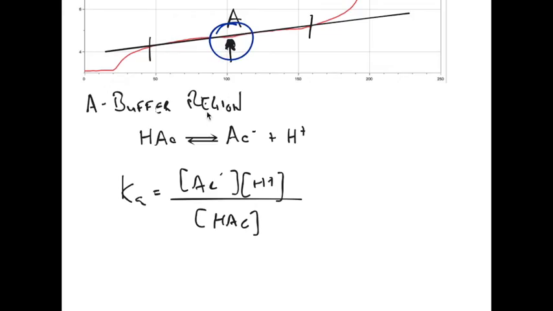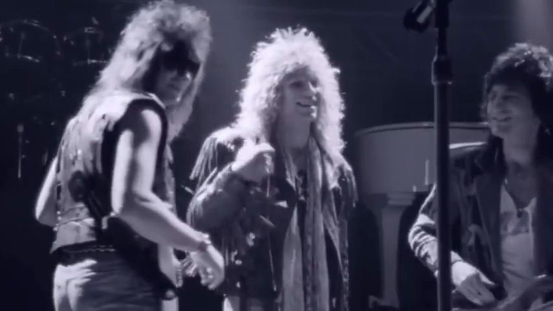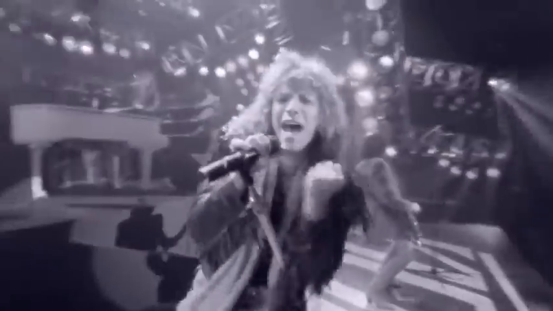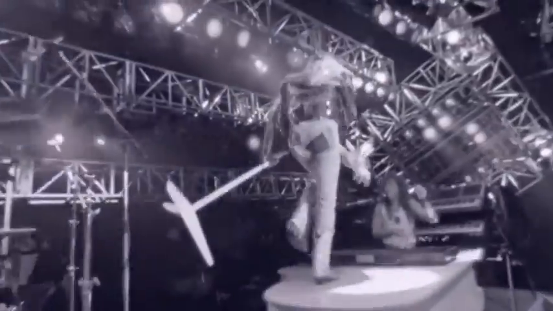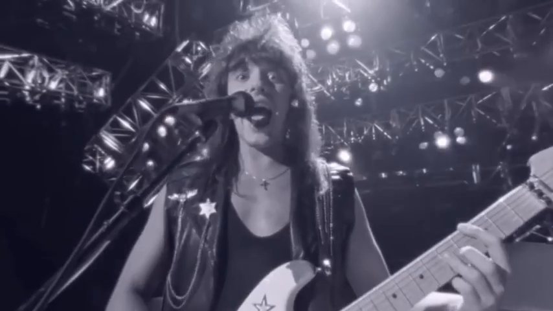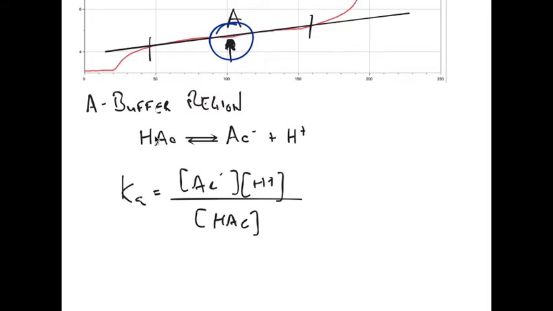That means this equilibrium reaction has gone halfway to completion. If it's halfway to completion, the acetic acid concentration and the acetate ion concentration must be equal. Therefore, they would cancel out in an equilibrium expression.